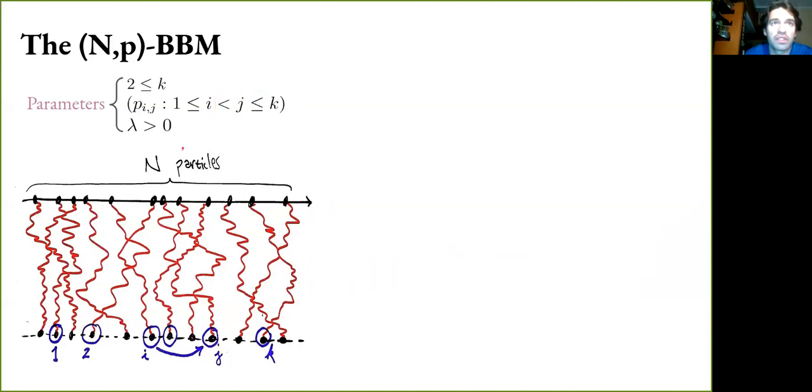What we do is we start with n particles. They evolve as independent Brownians, and at rate lambda n, a k-tuple is chosen uniformly at random, like here, and instantaneously the quantile i among this k-tuple jumps on top of quantile j, as in the picture.